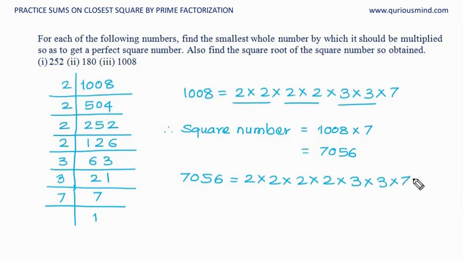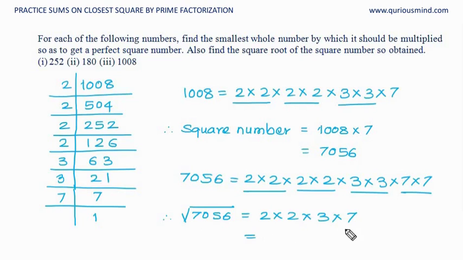And the pairs are shown here, and therefore the square root of 7056 is one number from each pair. 21 twos are 42, 42 twos are 84. 84 is the square root. Let's do the next sum.